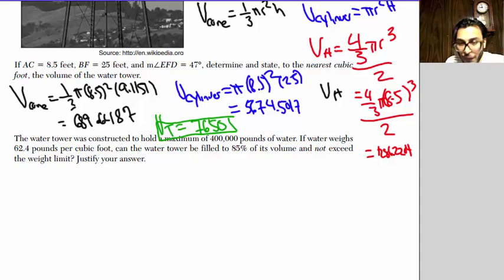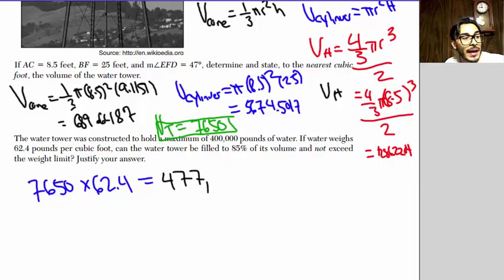So what I'm going to do first is multiply 7,650, which is the total volume, by 62.4 so that I can get that total weight. When I multiply that out, I'm going to get 477,360 pounds.